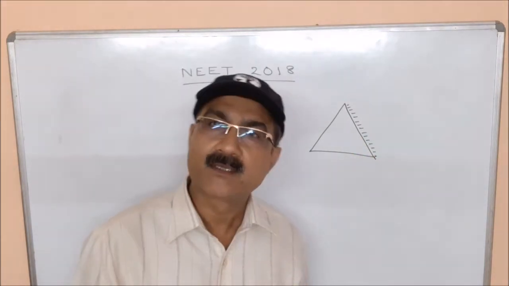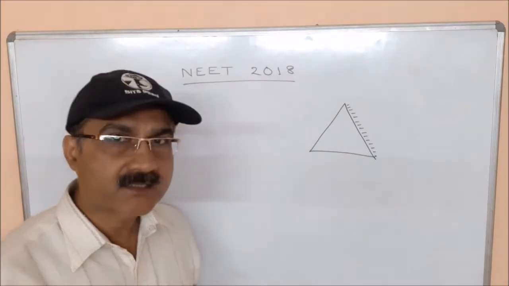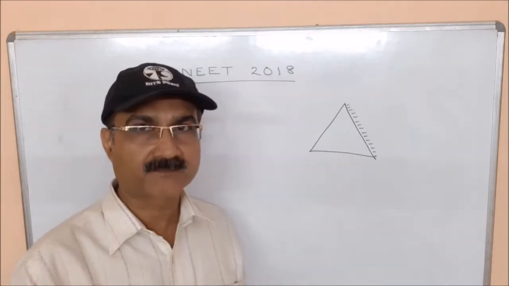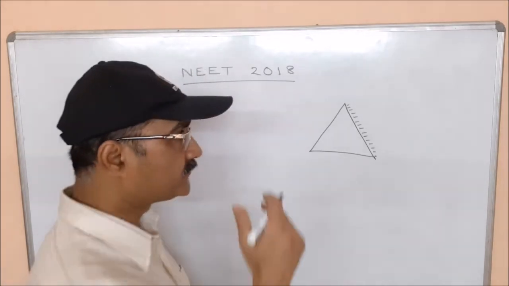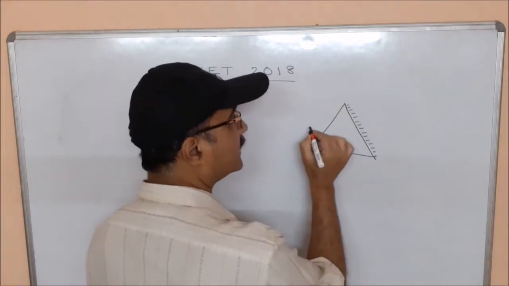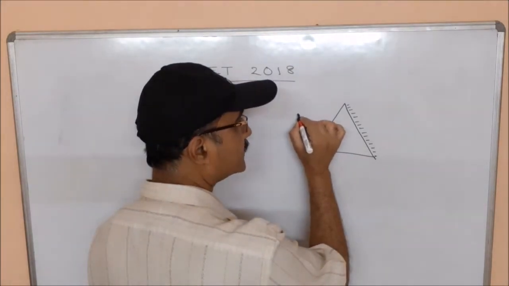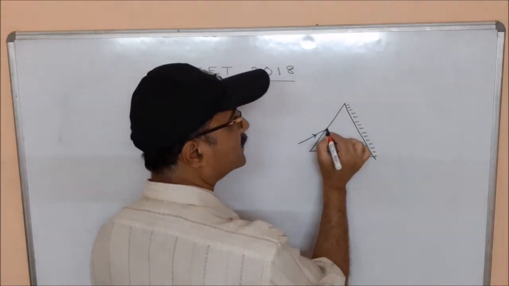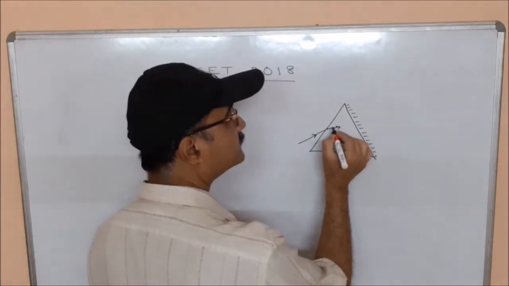Now, in the second step, we consider what is being asked. The question is asking us the angle of incidence. Say, a ray is incident here, then it gets refracted.